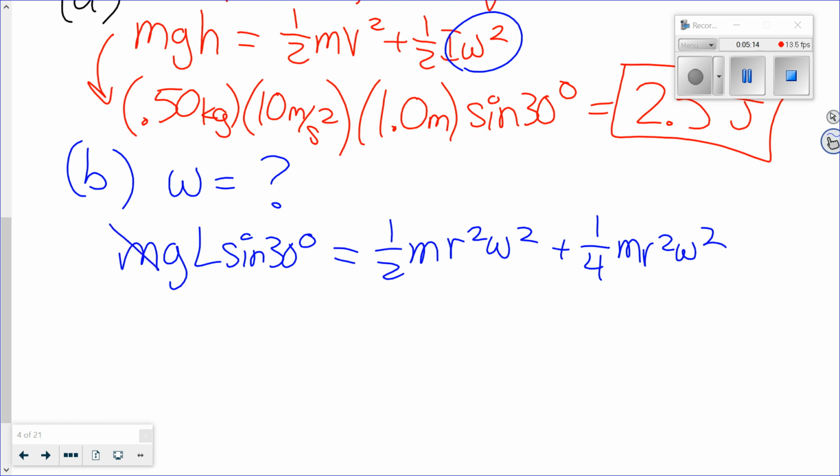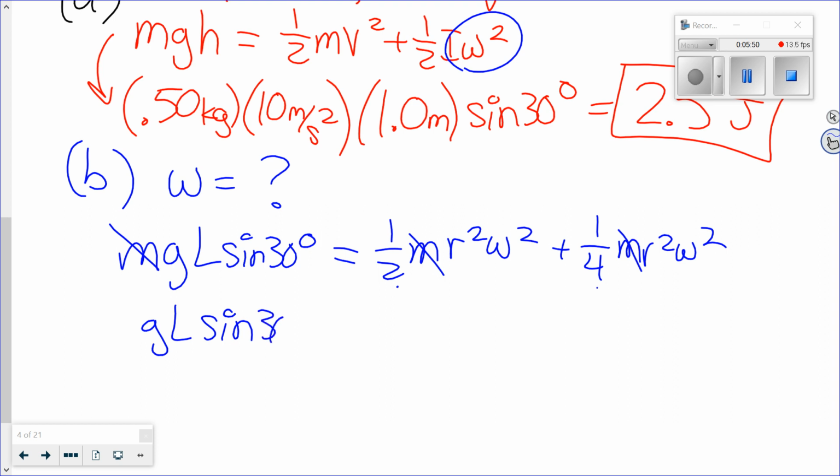The m's go out, so rather than plug in my 2.5 joules and kind of risk messing it up, let's do that. Besides, this in whatever units, this is just 5. 1 meter times a half times 10. Half of 10 is 5. I need the radius of the thing, which is 0.1 meters. But I can see also that I have a half plus a fourth, which should be 3/2. So g, just showing an intermediate step that maybe if I'm a super genius I don't need to show.